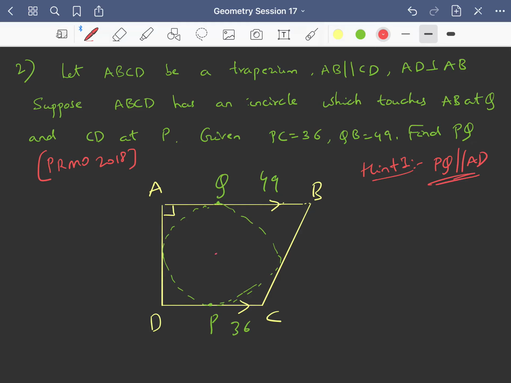Yes, so let us assume that O is the center of the circle, and if I join OP, it will be perpendicular to DC, because the line joining from center to point of contact is always perpendicular to tangent. And similarly, OQ is perpendicular to AB. So OQ is perpendicular to AB, OP is perpendicular to CD, and AB is parallel to CD.